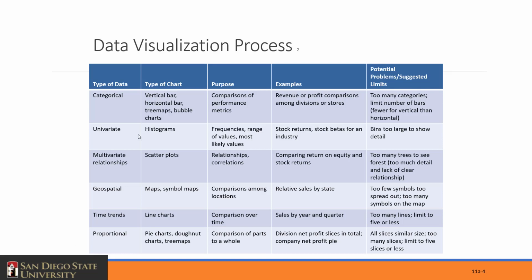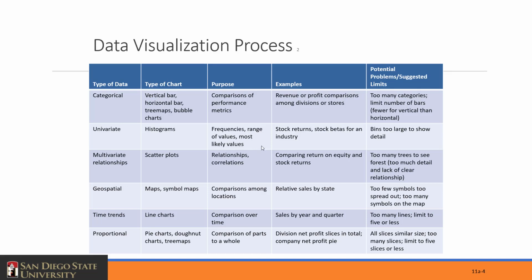For example, you could have the revenue and profit by divisions. For this type of data, if you want to compare the performance metrics of each division, we can use the bar chart. You can have vertical bar, horizontal bar, etc. We're going to have an example on the next slide. So categorical data is usually better presented in terms of the bar chart.